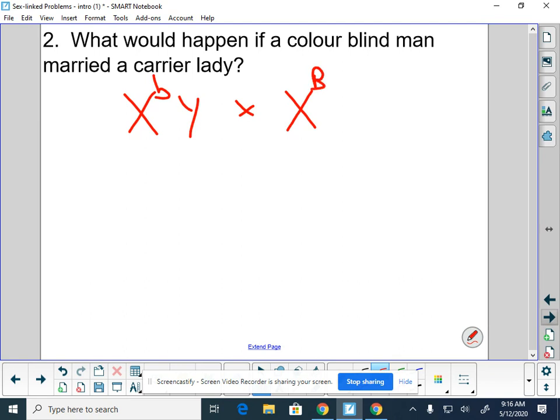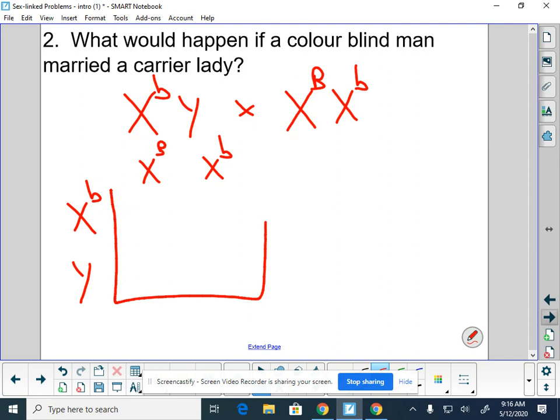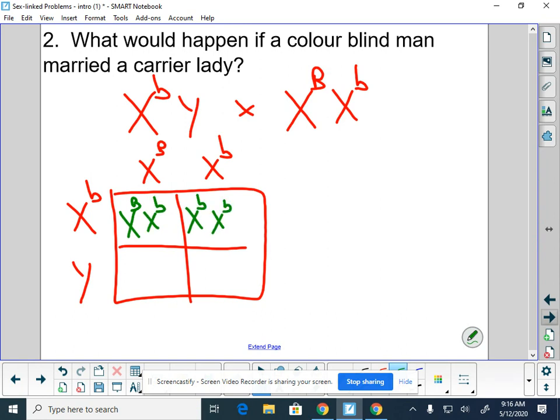So she's X big B, X little b. Set up your Punnett square, X little b or Y, X big B, X little b. X big B, X little b, X little b, X little b, X big B, Y, X little b, Y.